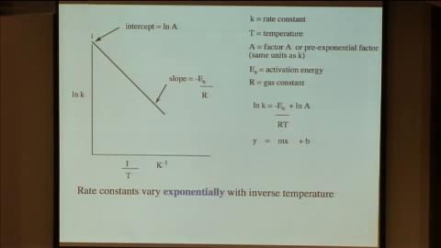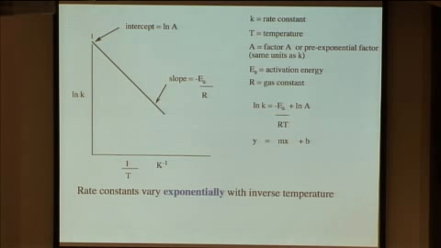He found that if he plotted the natural log of the rate constants versus 1 over temperature, so the units are Kelvin to the -1, he got a straight line, which means that the rate constants are varying exponentially with inverse temperature. So you have to use a natural log to get a straight line. If you don't use natural log, you wouldn't get a straight line here.